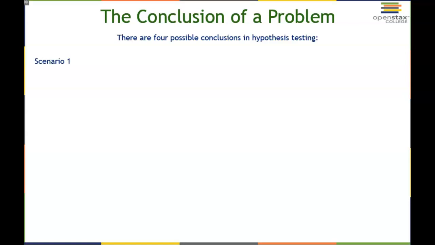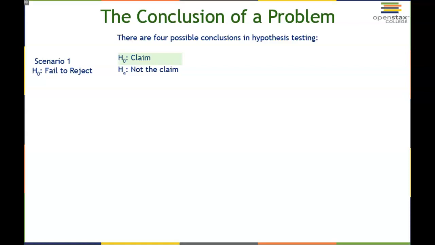For scenario 1, let's say you tested H0 and you failed to reject it. And H0 was your claim. HA is not your claim, but H0 is your claim. Then that means because you failed to reject H0 and H0 was your claim, that's the good thing. So I'll put that in green.